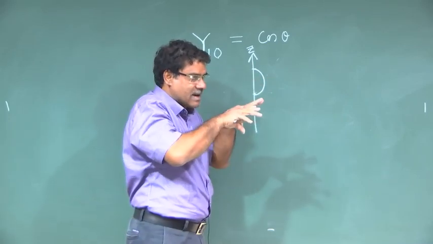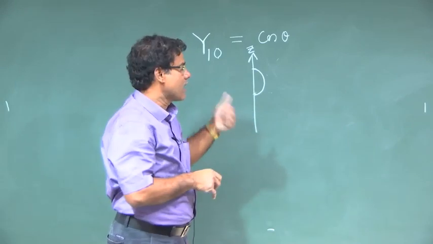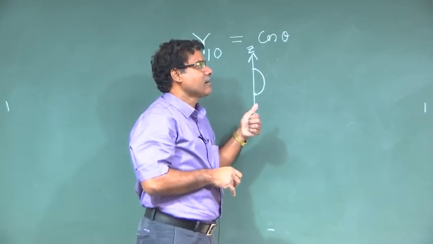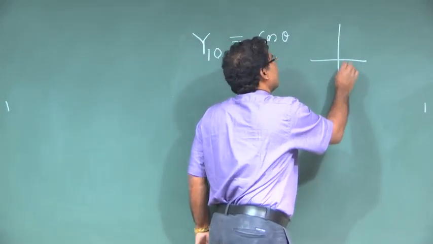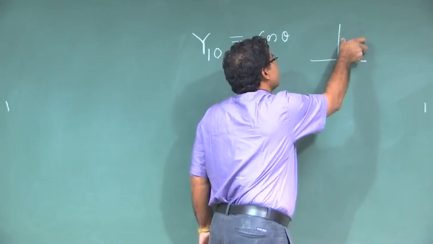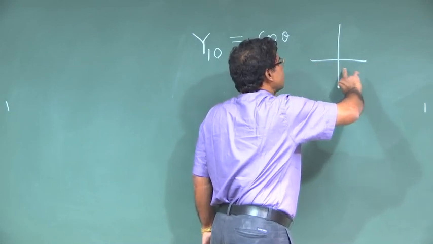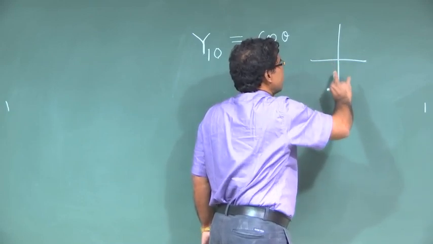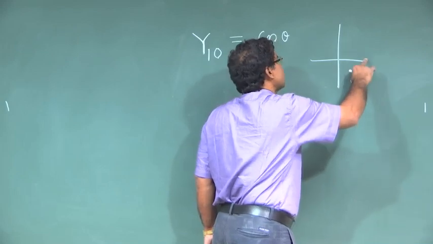We have 4 quadrants: 0 to 90, 90 to 180, 180 to 270, and the fourth quadrant 270 to 360.